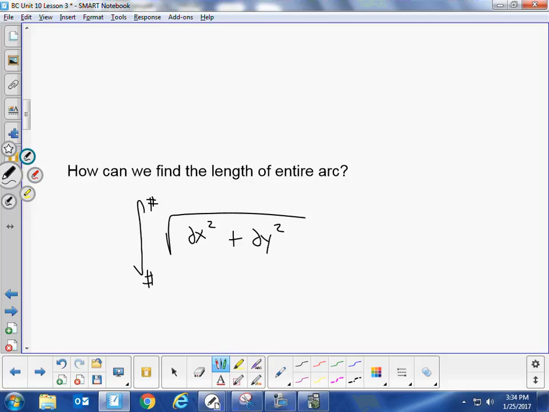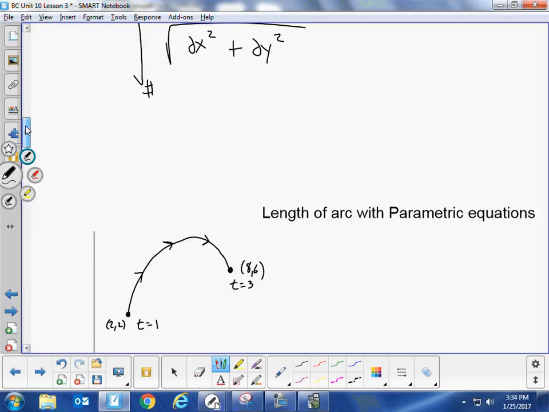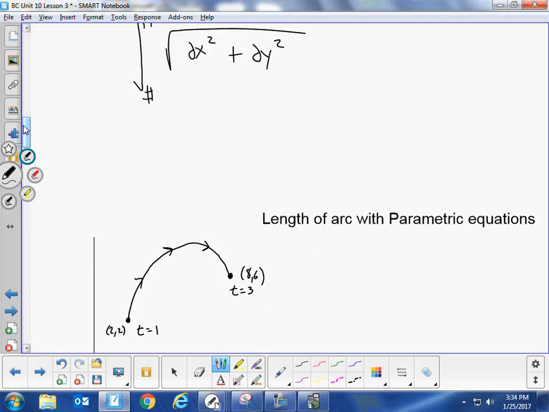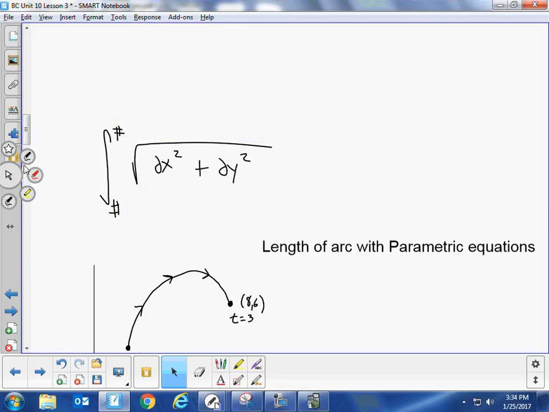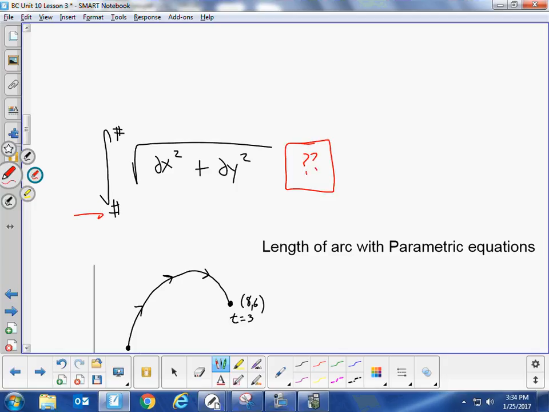This is where everything comes from, because we will take parametric equations. Right now I can't really calculate this because I don't know with respect to what variable, and I don't know what these numbers are.